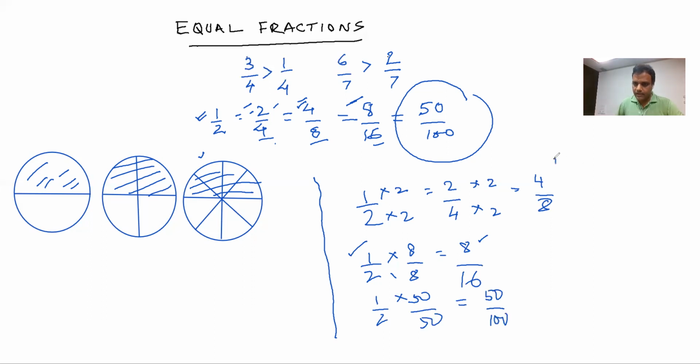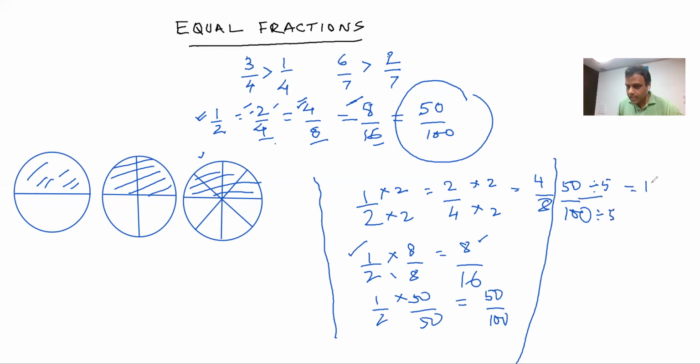Now let me give you the reverse side of it. Supposing the number is 50 upon 100. Now, if I can multiply with the same number in the numerator and denominator, I can also divide the numerator and denominator with the same number. So let me divide the numerator by 5 and the denominator also by 5. Will this change anything? No, because I'm doing it to both numerator and denominator.